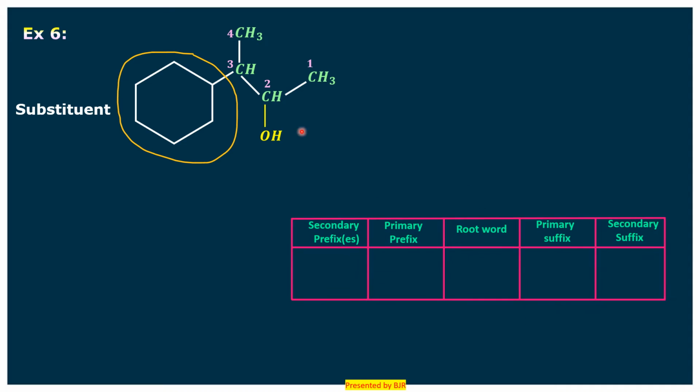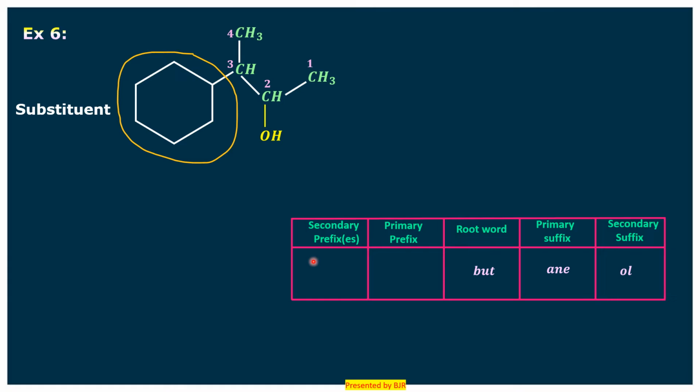Okay, root word: 4 carbon atoms are there, so it is but. Primary suffix: only single bonds are there, so an. Secondary suffix: OH functional group is there, so it is ol.